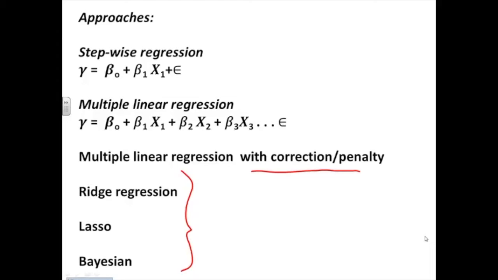Okay? So ridge regression, lasso, Bayesian approaches, Bayesian lasso approaches, Bayesian ridge regression approaches, those are just a few of them. What you have to understand is that ridge regression is imposing a uniform penalty on every marker. It's like you say, okay, we have the possibility of unit variance, so we're going to divide that unit variance by the total number of markers and impose that penalty on everything.